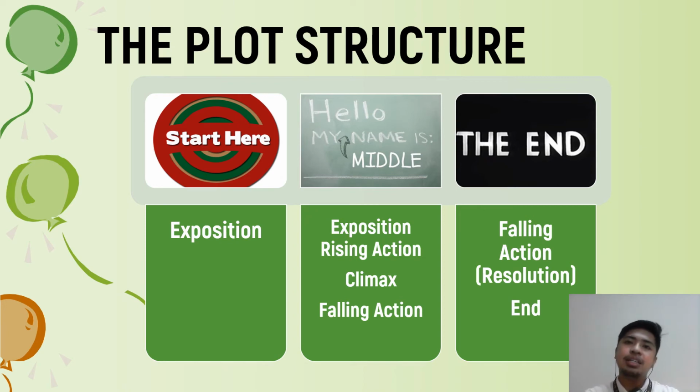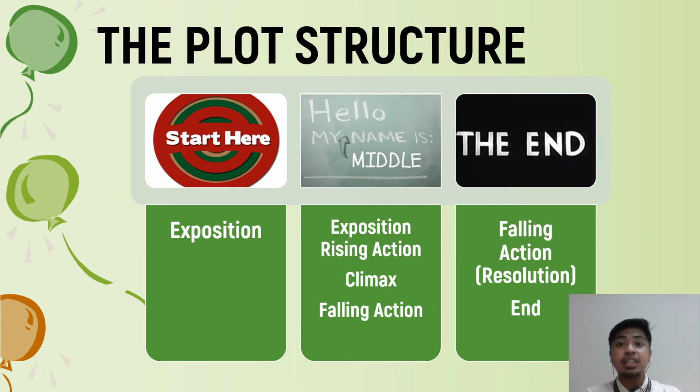And then in the middle, this is where various events can take place because there can be a little exposition also in the middle, and then you proceed with the rising action. This is where the characters start to complicate things, right?